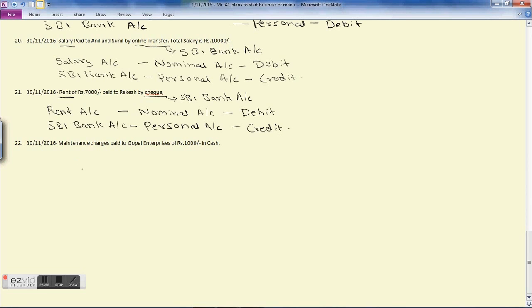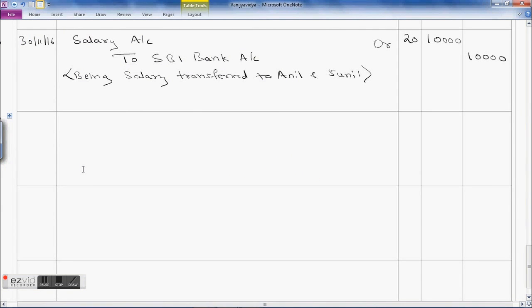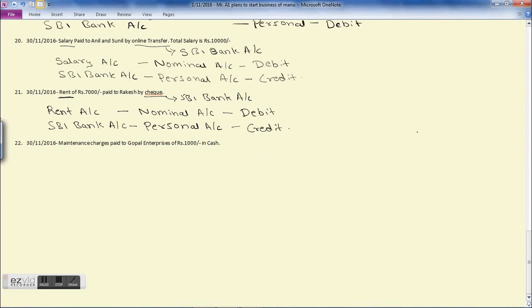Okay, so let's pass a journal entry. The date is 30th 11th. Rent account debit. What is the amount of rent? 7,000.